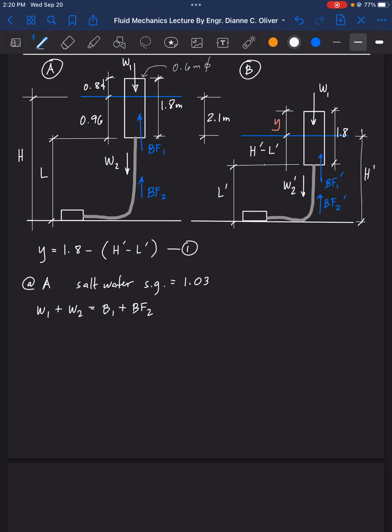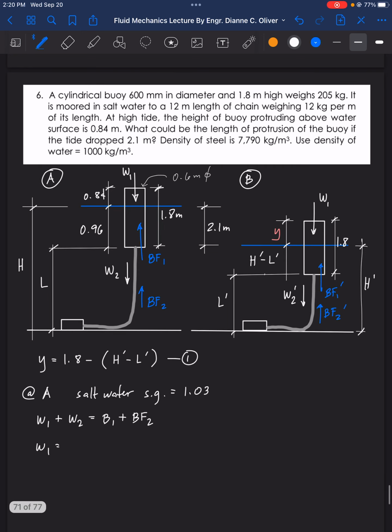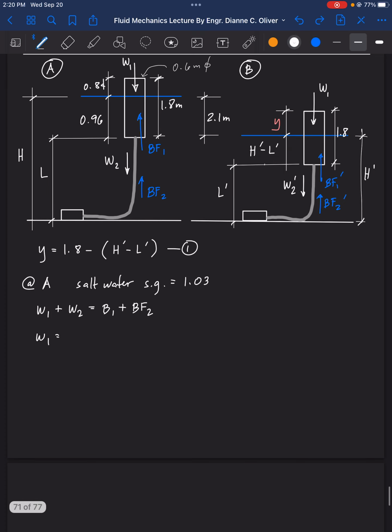The value for W1 is the given weight here for the buoy, 205 kilogram. So this is mass times gravity: 205 kilograms times 9.81 meter per second squared, the gravitational acceleration. So that is 2.011 kilonewton.